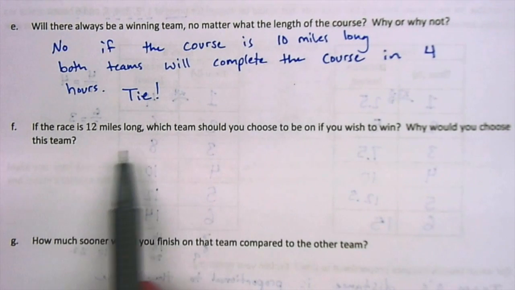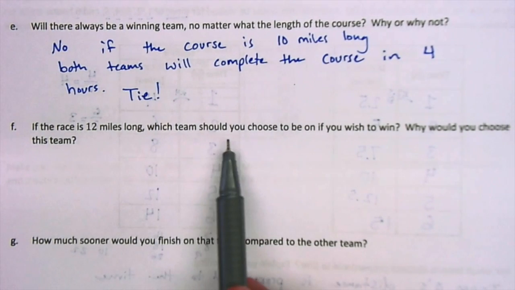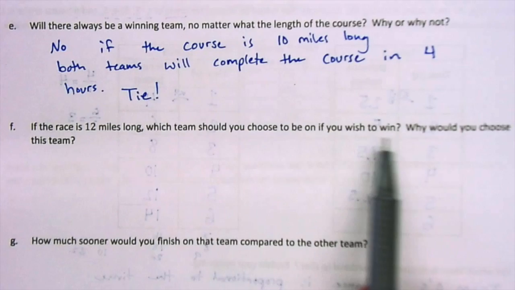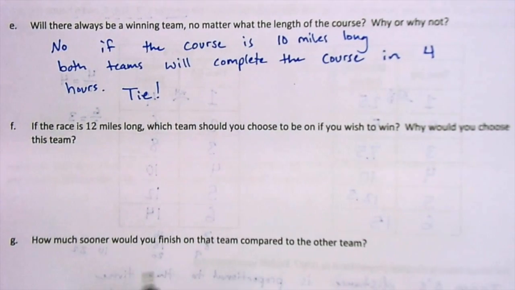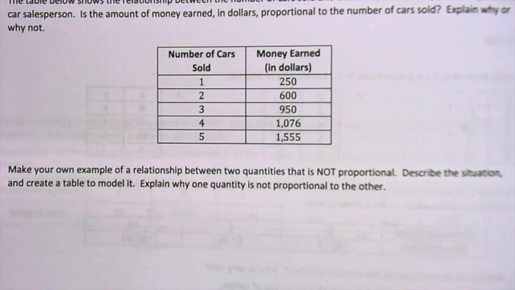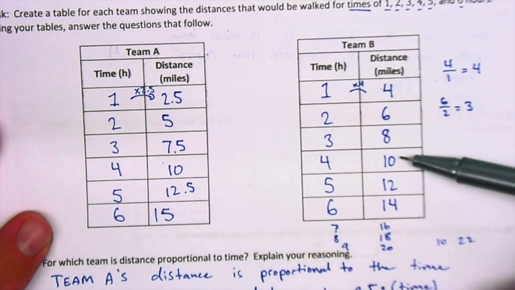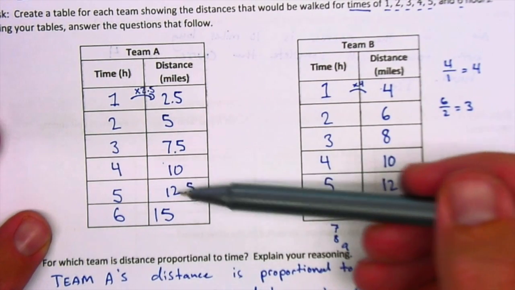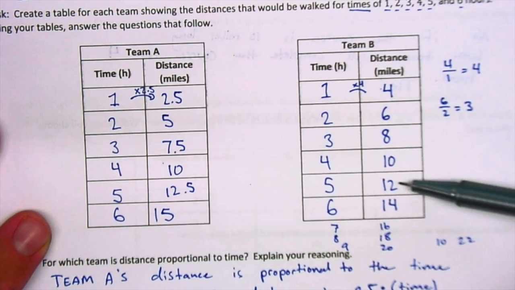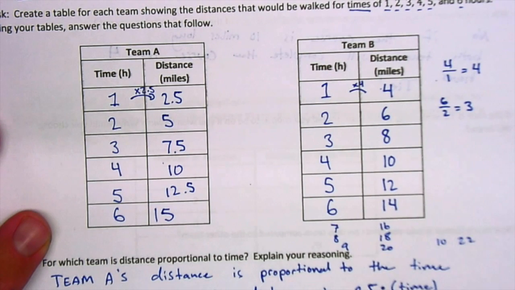If the race is 12 miles long, which team should you choose to be on if you wish to win? Why would you choose this team? Well, let's take a look. So we know at 10 miles, the two teams meet up. But then after 10 miles, Team A keeps going ahead, whereas Team B keeps falling behind.